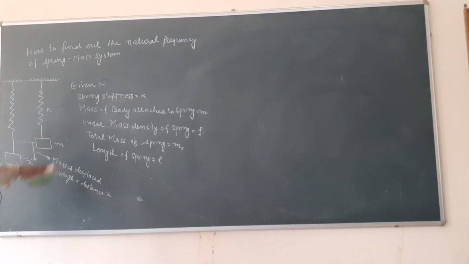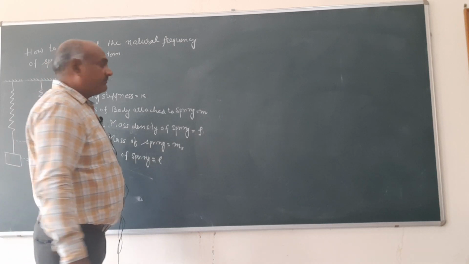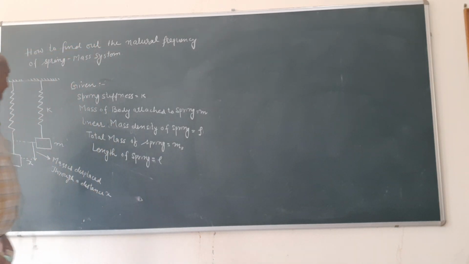Now we will find its natural frequency by using the conservation of energy method. When we displace this mass, we have two types of energies. First is kinetic energy and second is potential energy.